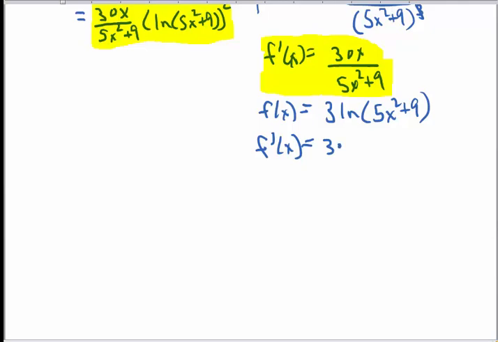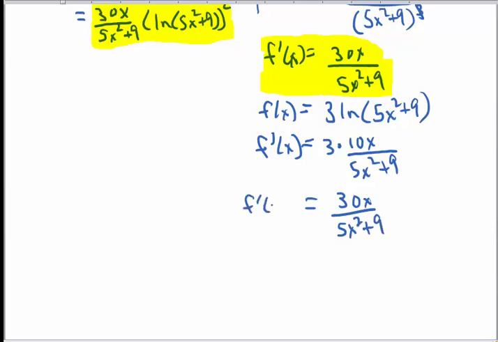So in this case, it's 3 times u prime, which is 10x, over u, which is 5x squared plus 9. So then this just becomes 30x over 5x squared plus 9. And that's why it's useful to know these properties well.